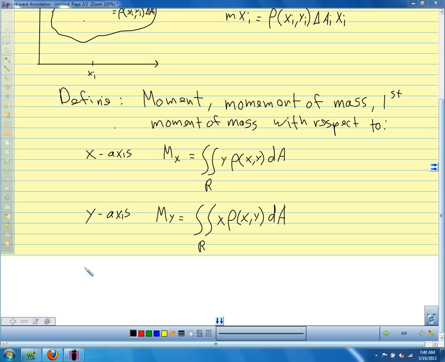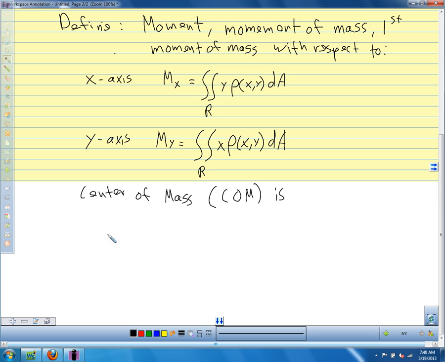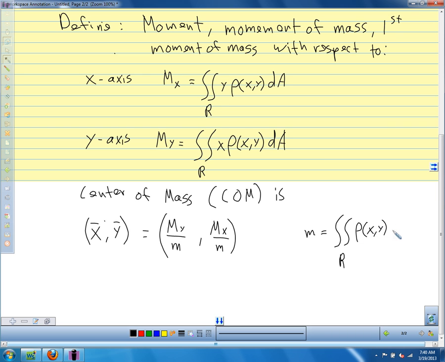And then the center of mass of our region, and we'll use the abbreviation COM again, and we say x bar, y bar for our center of mass, is m sub y divided by the mass of the region for our x coordinate, and m sub x divided by the mass of the region for the y coordinate, where m is our double integral over our region of rho x y dA.